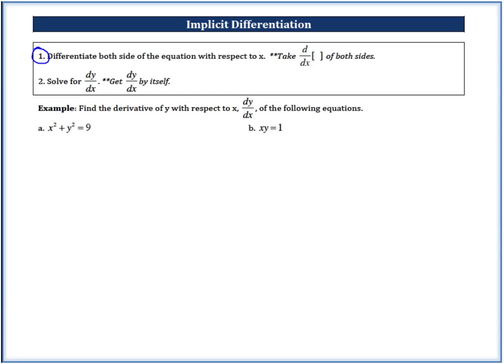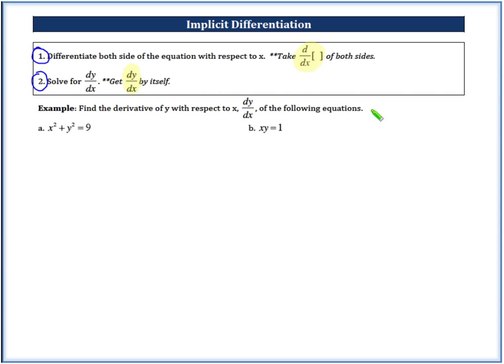In other words, what we're going to be doing is taking the d over dx of both sides. So just what we did in the last example, we just do this to both sides of the equation. Then the second thing we want to do is to solve for dy over dx. Okay? In other words, we want to get dy over dx by itself.